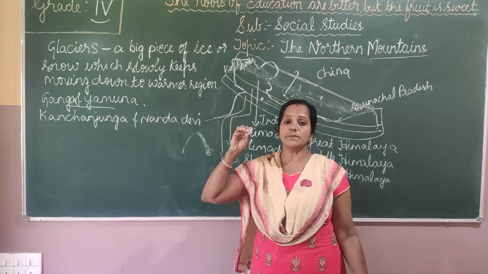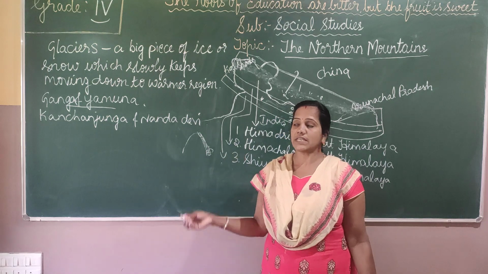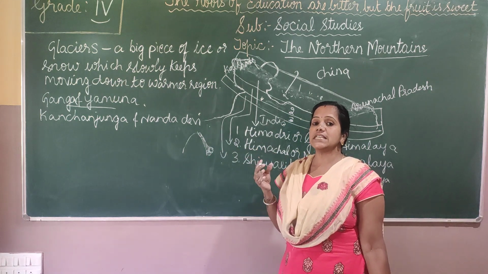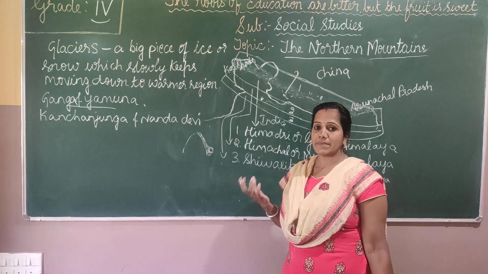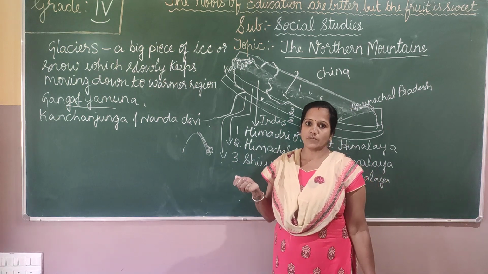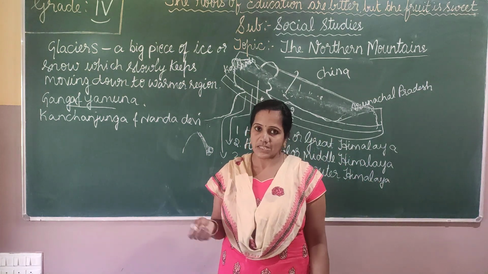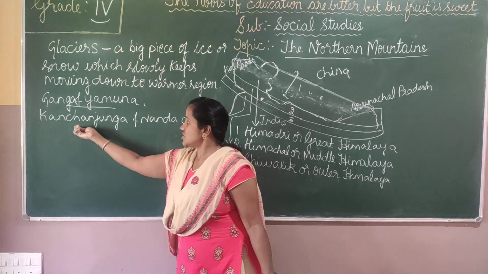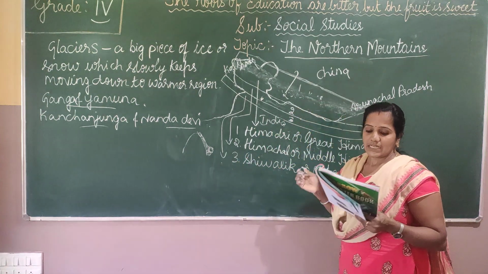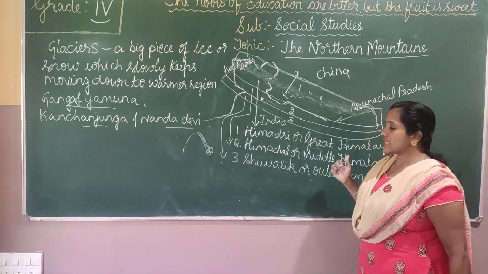Kanchenjunga and Nanda Devi are the two highest peaks of these mountain ranges.